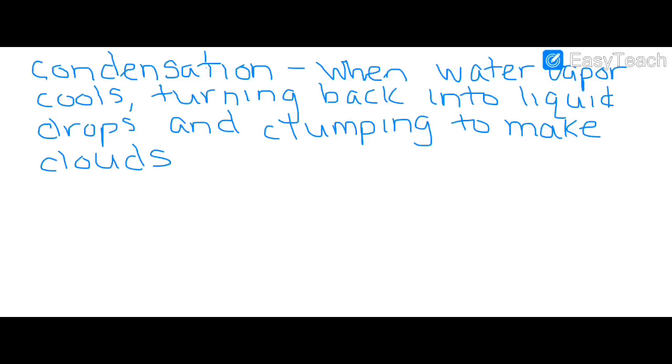So let me change my color. All right, precipitation. Okay, precipitation.